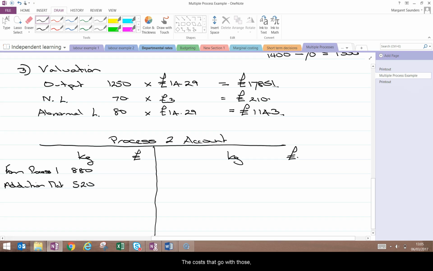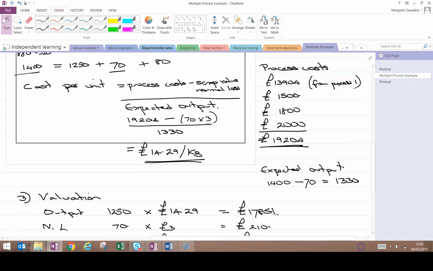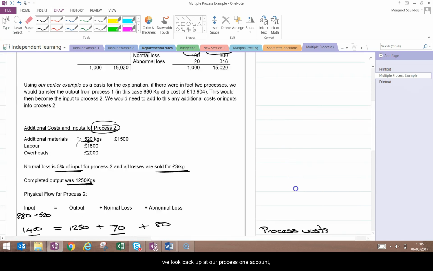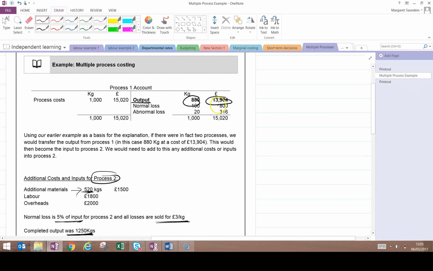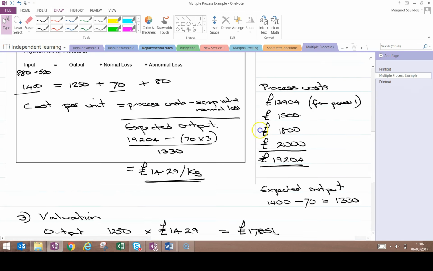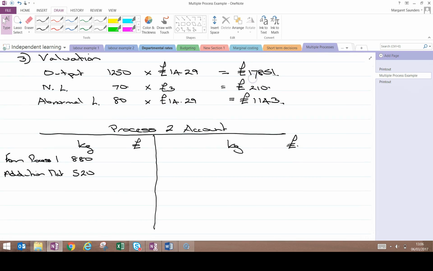The costs that go with those, the 880 kilos that came from process 1, we look back up at our process 1 account: £13,904. Our additional materials, £1,500. So £13,904 and £1,500.